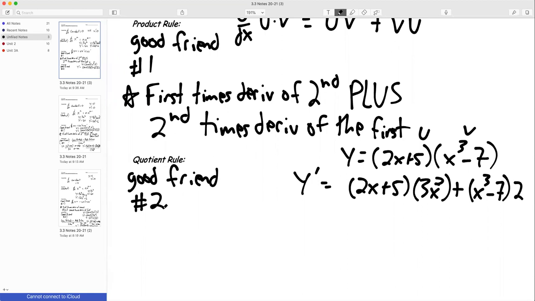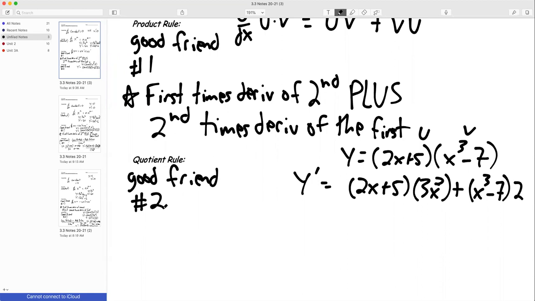So here's what I think. I think that on May the 5th, Cinco de Mayo, hopefully you will be in our gymnasium taking your little AP calculus exam in the morning.